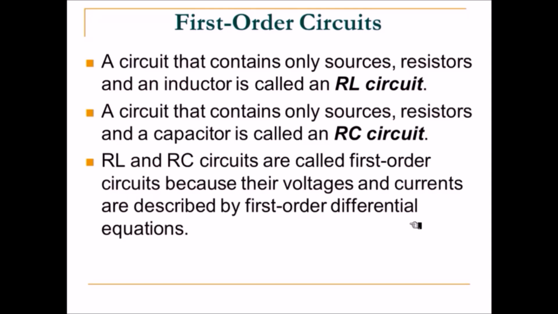Basically, any combination of RL or any combination of RC is going to produce a VI equation in the form of a first order differential equation. So the RL and RC circuits come under the category of first order circuits.